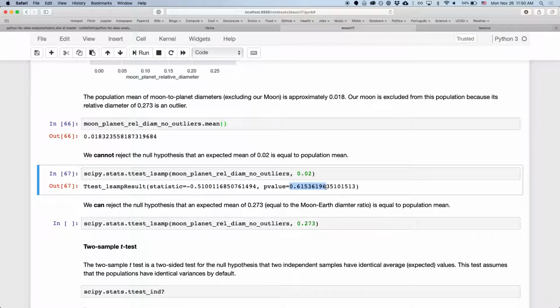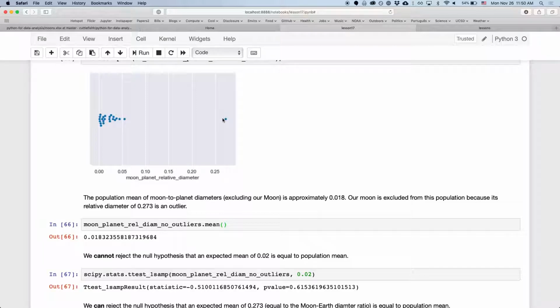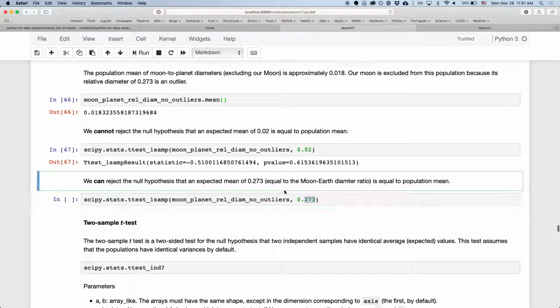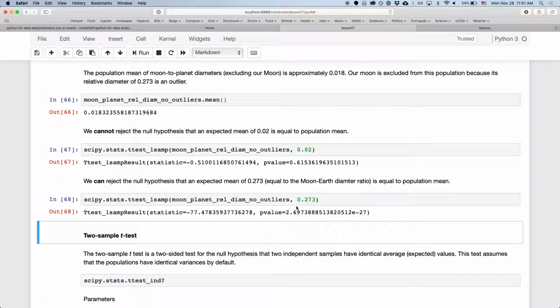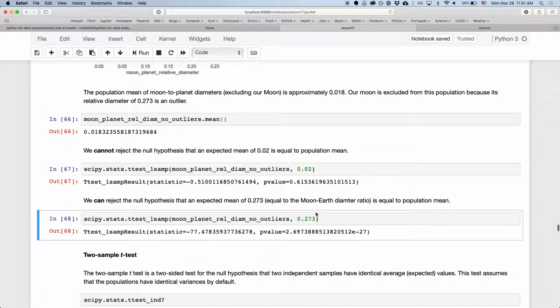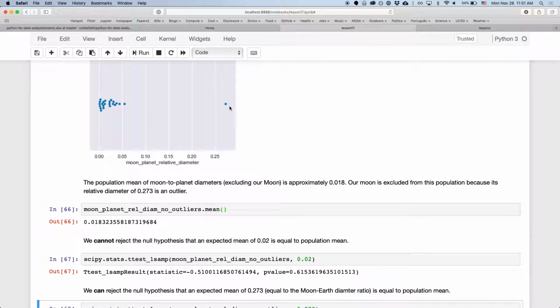So we cannot reject the null hypothesis that the mean is equal to the population mean. However, if we do that same test with 0.273, which is this value over here of the moon, we get a highly significant, very small p-value, which says very clearly that this value here could not be the mean of this distribution.